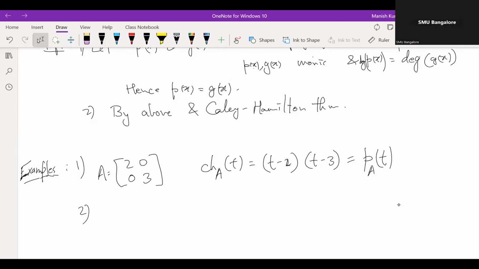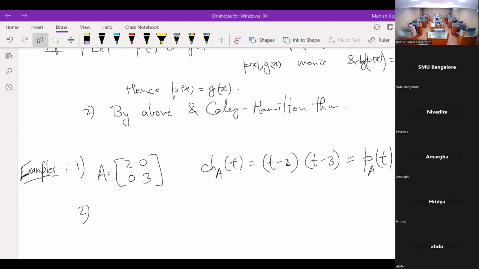Someone wrote scalar matrix. Abdul. Yeah, so you can take any scalar matrix. So for instance, you can take A to be the identity matrix.